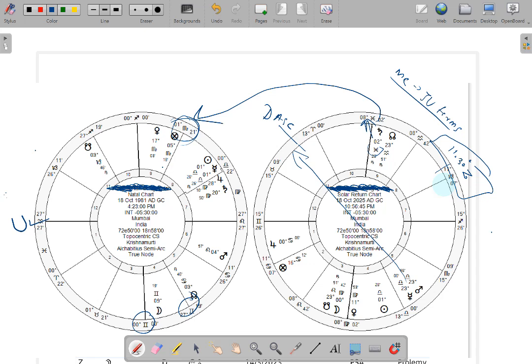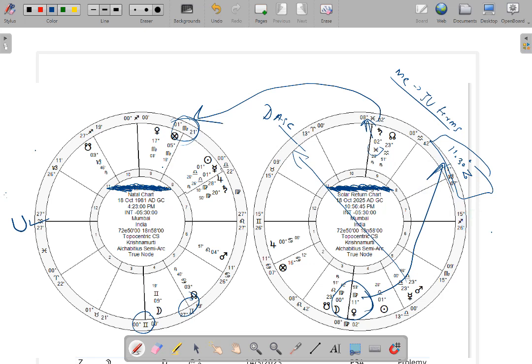But also the good thing is Venus, right? Venus is the lord of the year, and Venus in the solar return chart is at 11 degrees and is actually trining the directed MC. So Venus trining the directed MC is, I would say, a good combination, and maybe that is going to help a bit.